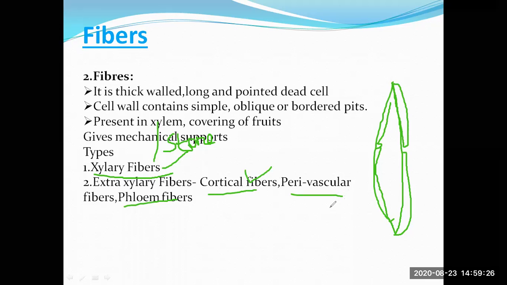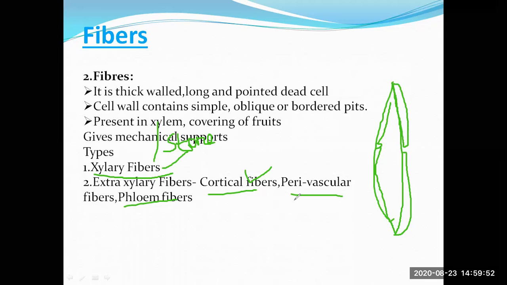If the fiber cells are found in cortex, they are cortical fibers. If found in phloem, phloem fibers. If found in the periphery of the vascular cylinder, perivascular fibers. So this is the definition and classification of fibers.